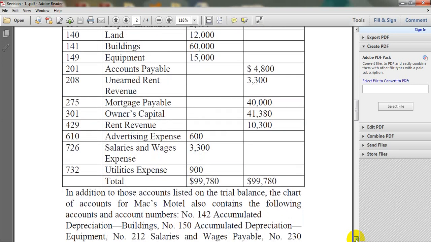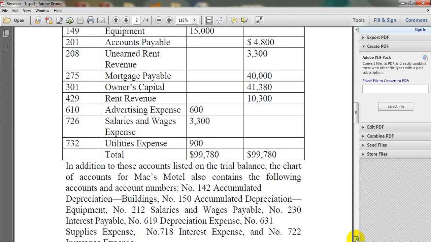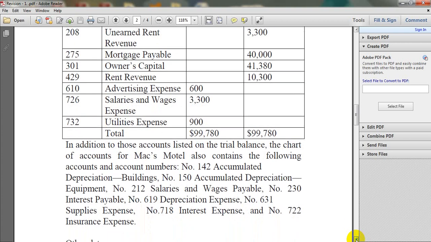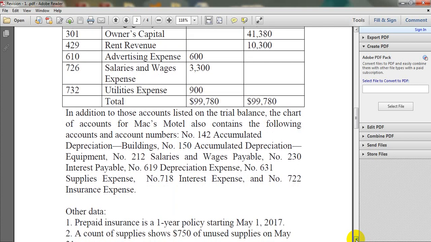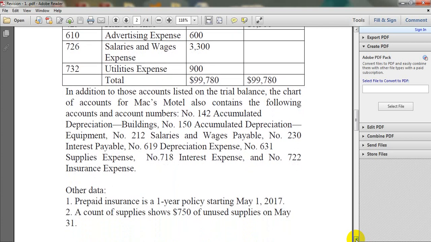rent revenue 10,300, advertising expense 600, and salaries and wages expense 3,300, utilities expense 800, and the total 99,780. In addition to these accounts listed on the trial balance, the chart of accounts for Max Motel also contains the following accounts and account numbers.